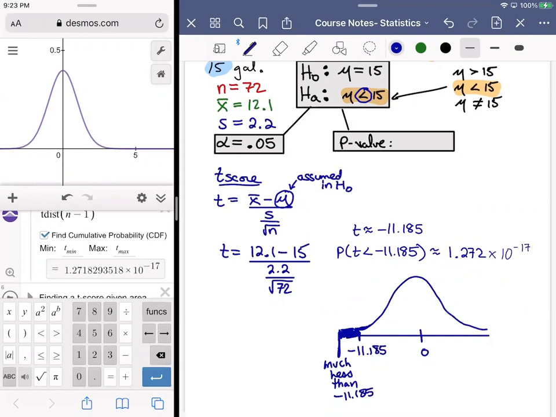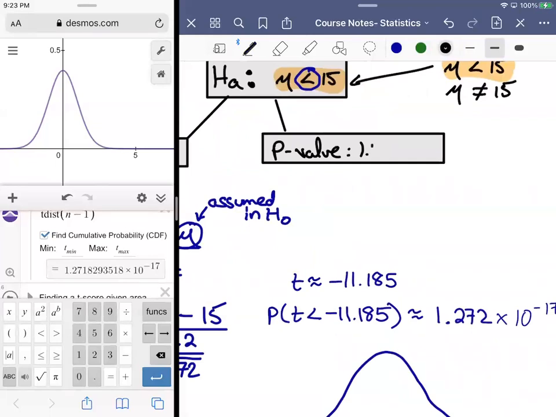That's damn near zero. So it's 1.272 times 10 to the negative 17th power.